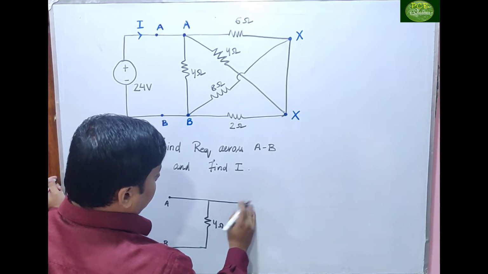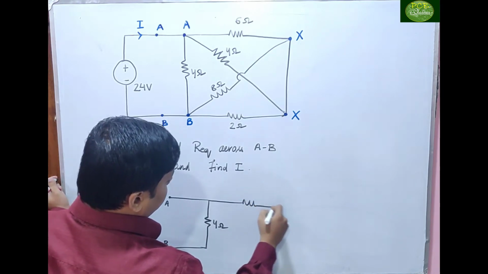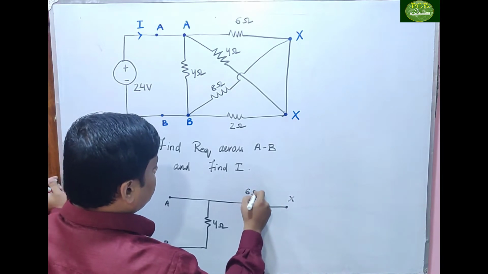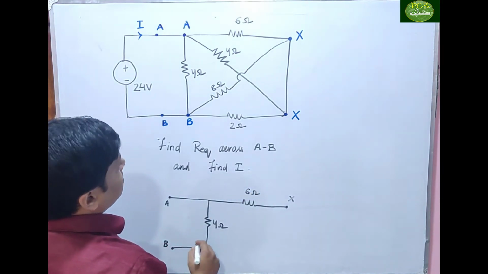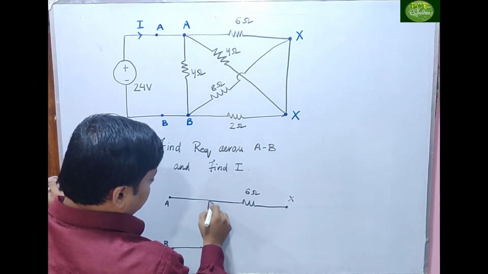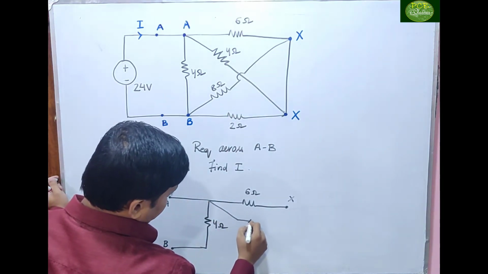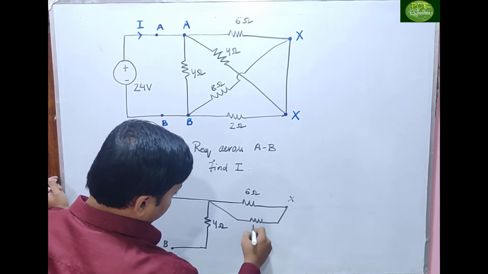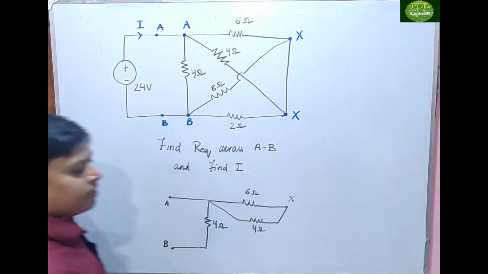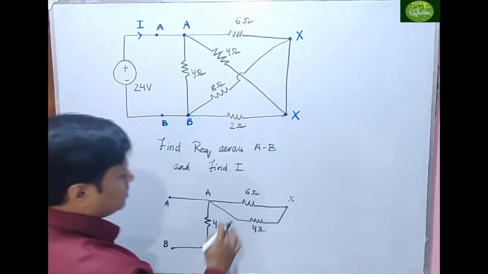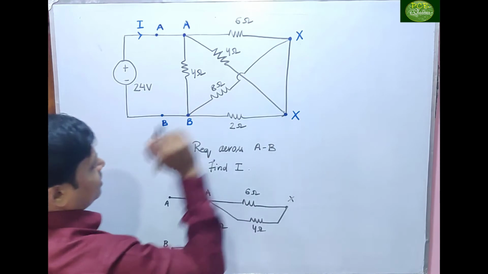A to X, what is present? 6 ohm is present. Similarly, A to X, another 4 ohm is present. That means, can I say this is 4 ohm. Yes, because this point is A, this point is X. Between that 6 ohm and 4 ohm are connected.